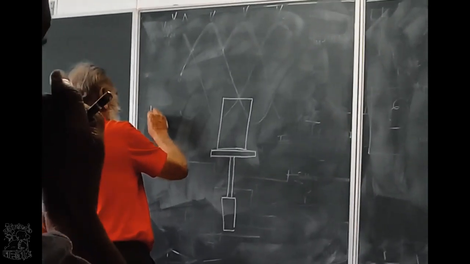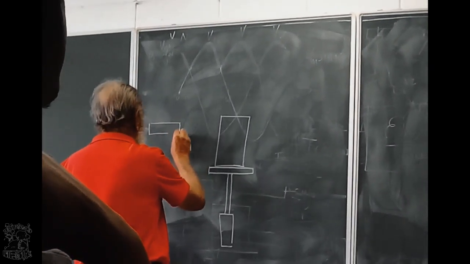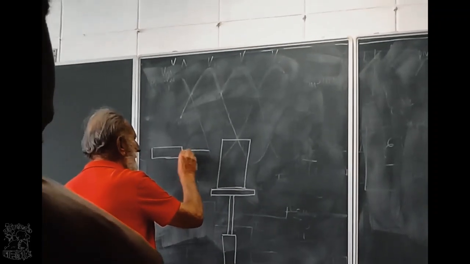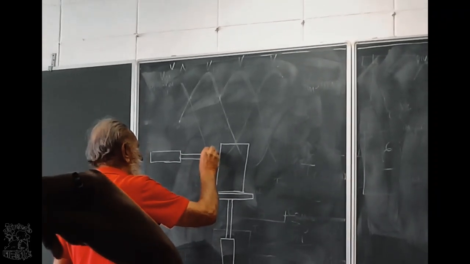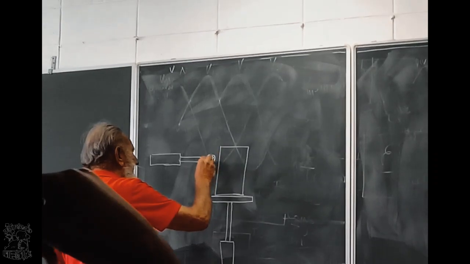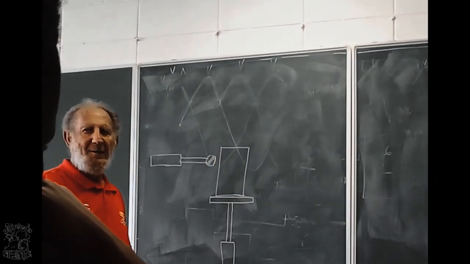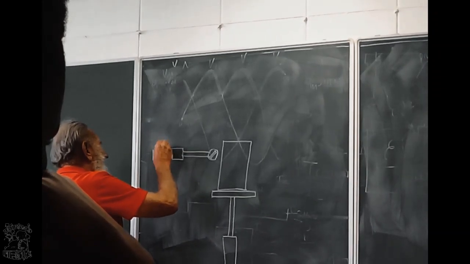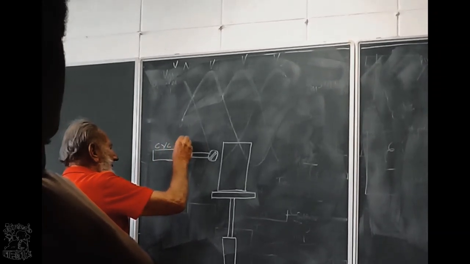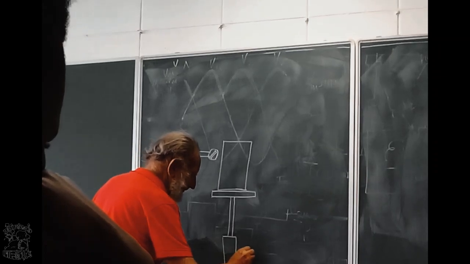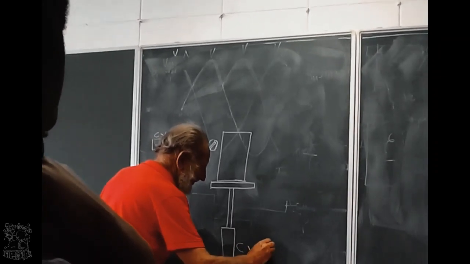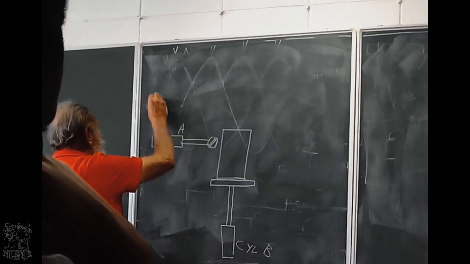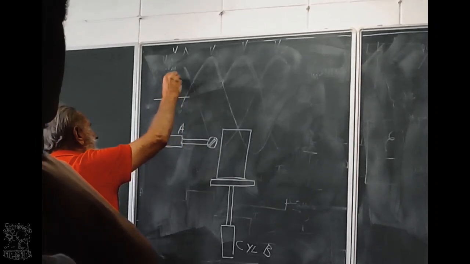We've got here another cylinder. This cylinder has got the cutting tool. There's a cutting tool that's mounted on this cylinder. This is cylinder A. This is cylinder B. We've got the start button.